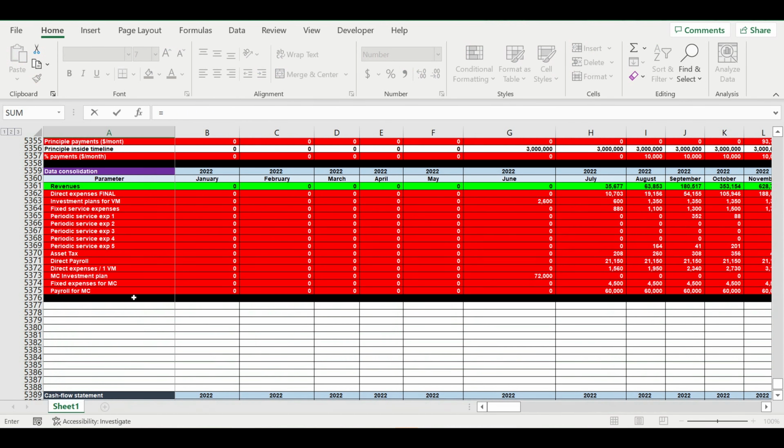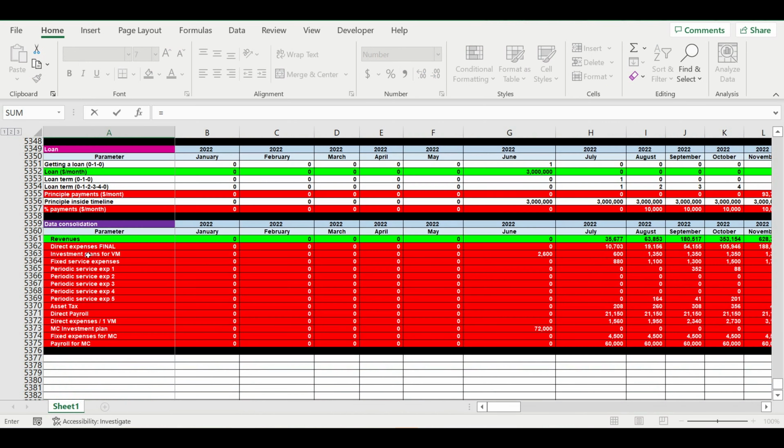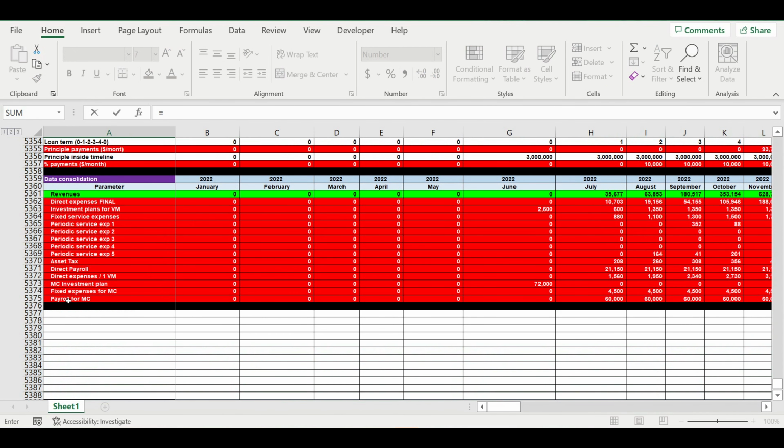Payroll we are taking from here: fixed service, investment, periodic, direct payroll, and we have payroll for the management company.